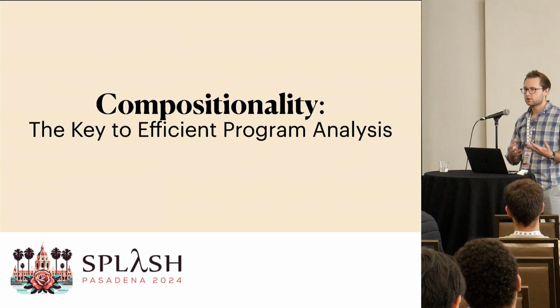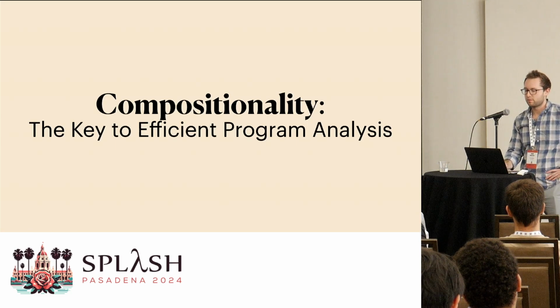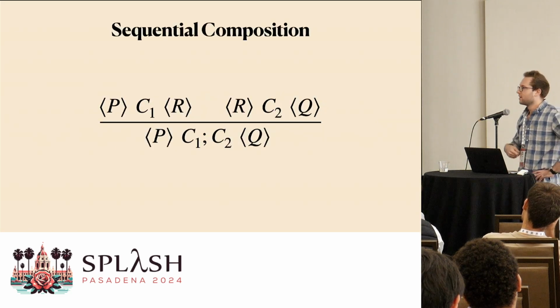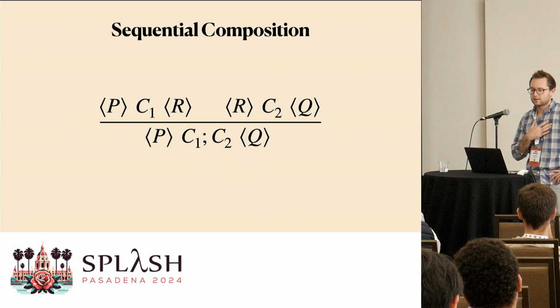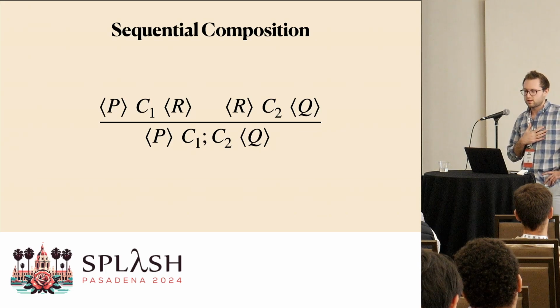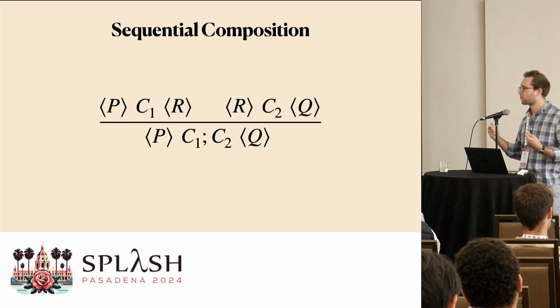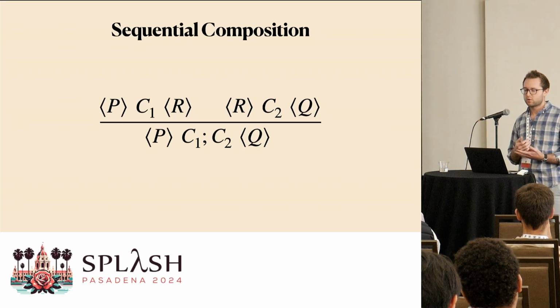Okay, so now I want to talk about how we actually build algorithms that do this, and in particular, compositionality. How do we get compositionality, which is the key to effective program analysis? Program logics already give us some amount of compositionality, sequential composition, so that when we have a program that is a sequence of two smaller program fragments, we can analyze the program by analyzing each fragment on its own.